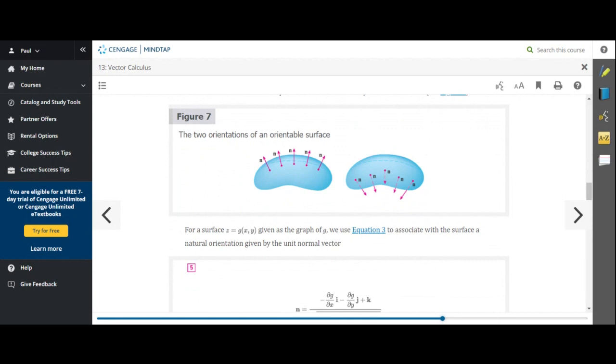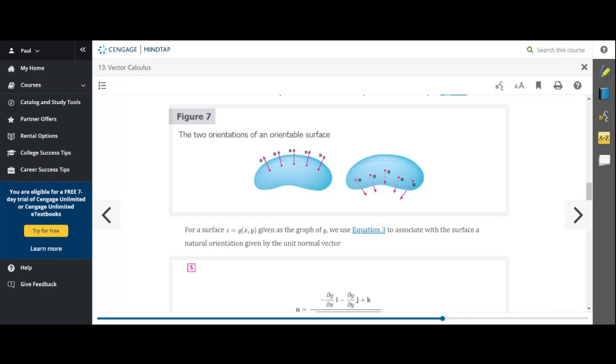Remember, Green's theorem is the theorem where you determine the work done by a vector field in moving a particle once around some closed path, in a two-dimensional plane, with a two-dimensional vector field.